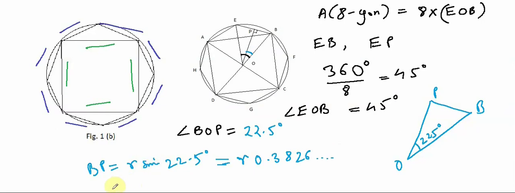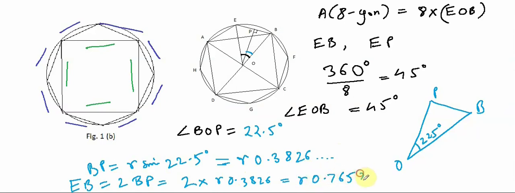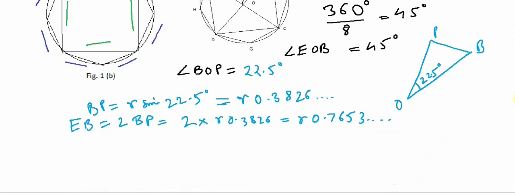And the base EB is twice PB, which is equal to 2 multiplied by this value, R 0.3826, which turns out to be 0.7653 R. So the base is found.